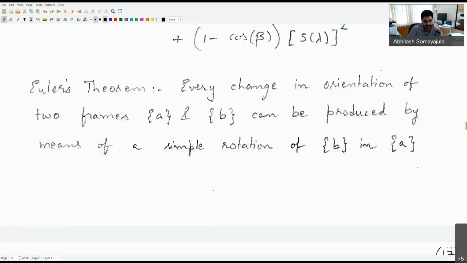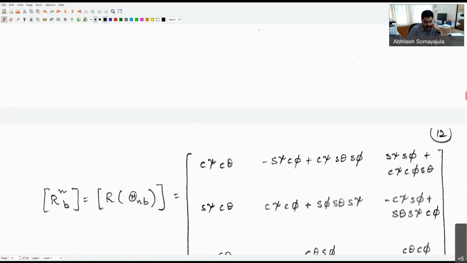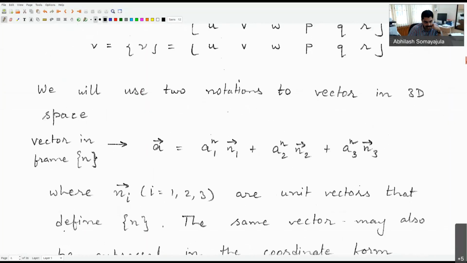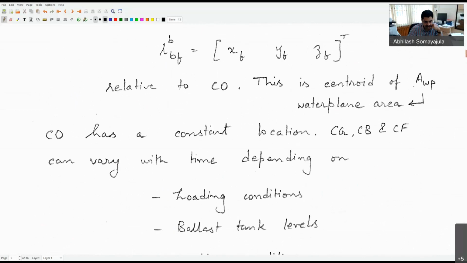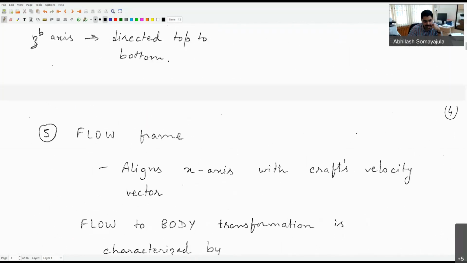Let me see here real quickly. In the very beginning, when we talked about the reference frames, we talked about the flow frame, isn't it? Such that we align the x-axis with the craft's velocity vector, such that the rest of all the environment is actually being experienced against it.